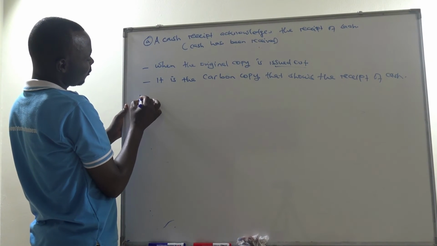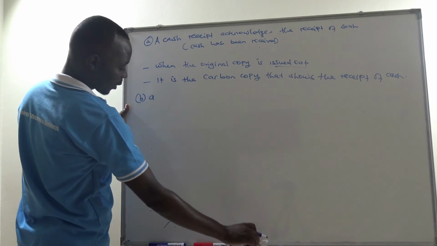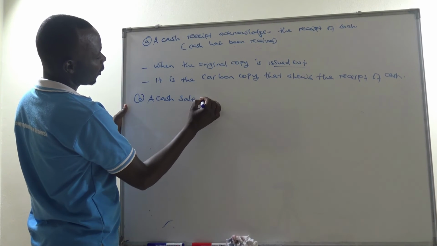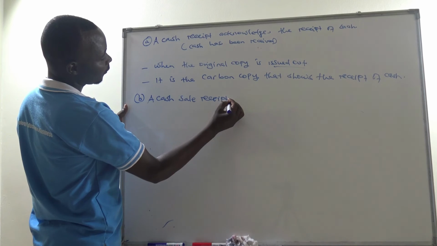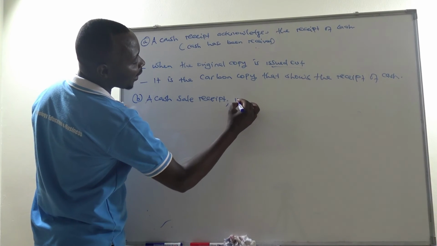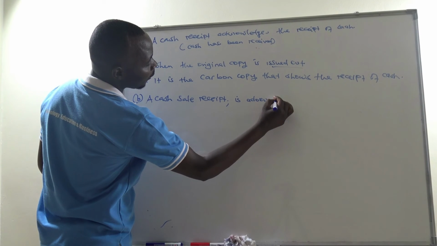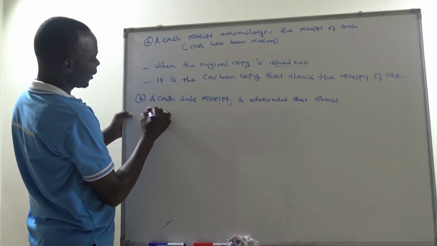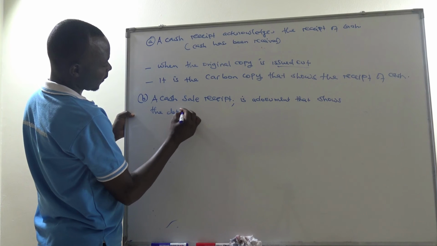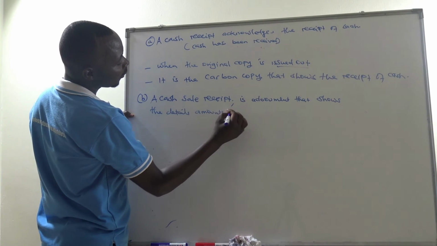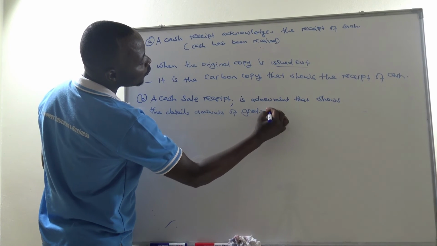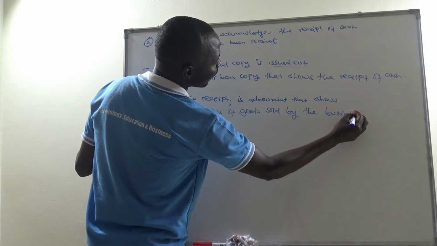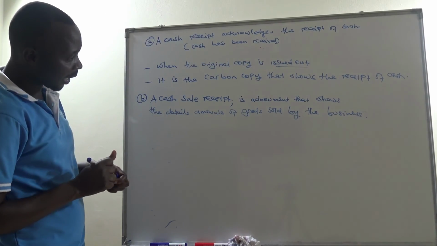Then I've got a cash sale receipt. This one is a document that shows the details and amounts of goods sold by the business within a given period of time.